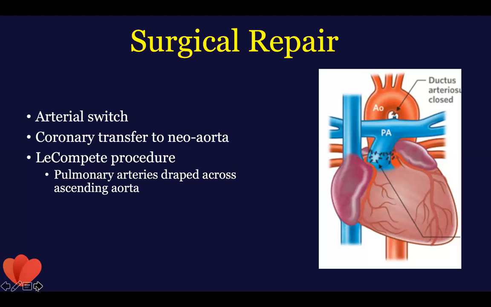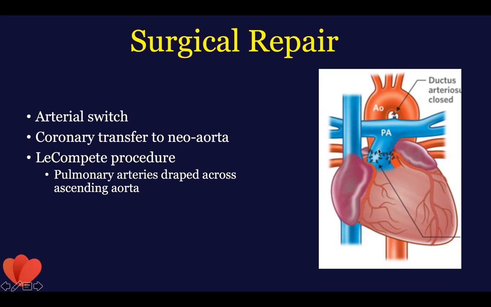These are patients that we'd like to identify since they may need a cath procedure, atrial septostomy, prior to going to surgery. These patients undergo an arterial switch, usually anywhere from 3 to 7 days of life.